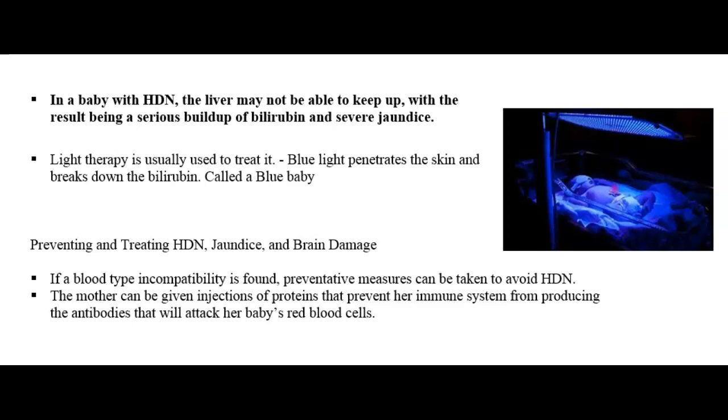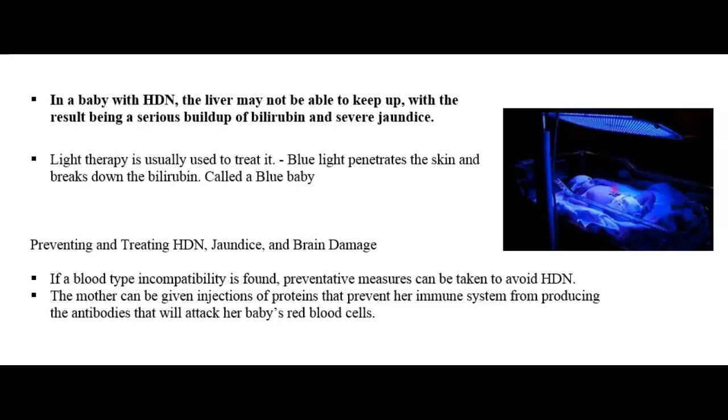And it's actually pretty easy to prevent this from happening. And again, that's why they had the blood test. If a blood type incompatibility is found, like positive and negative, preventive measures can be taken to avoid this, the HDN.